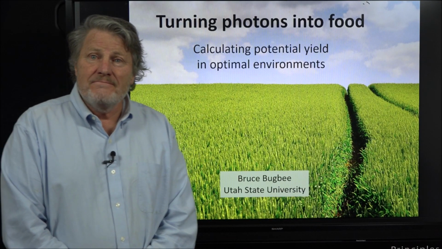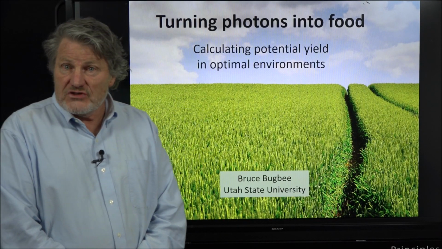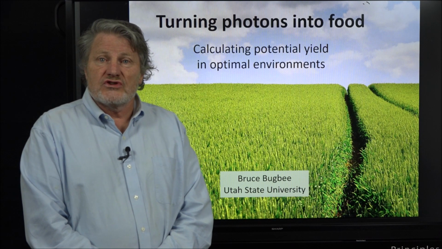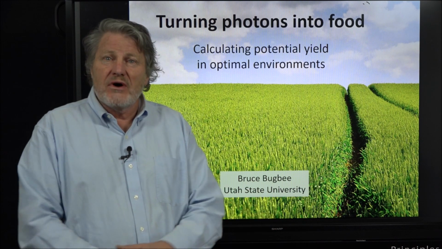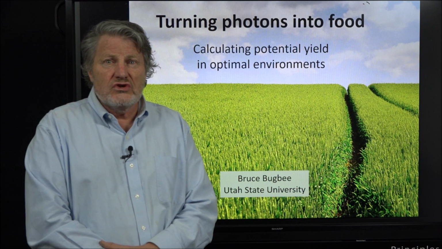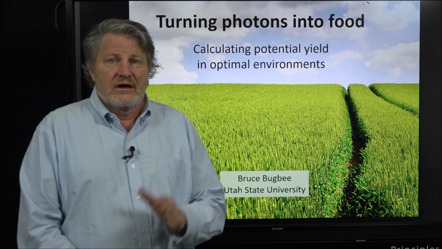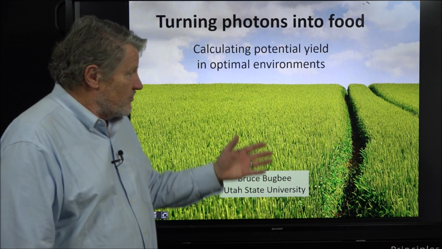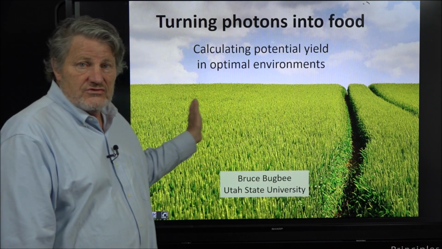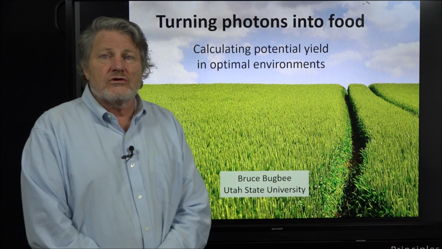I'm Bruce Bugbee. I'm a professor of crop physiology at Utah State University, and this is a seminar about calculating potential yield of any agricultural commodity. It was first developed for fields like this, and for outdoor agriculture.